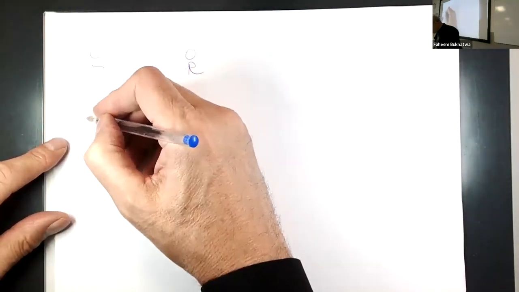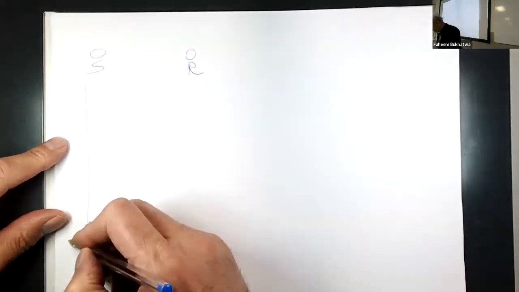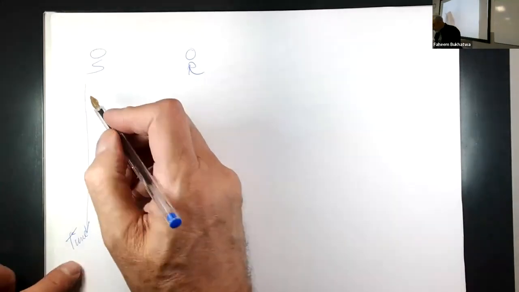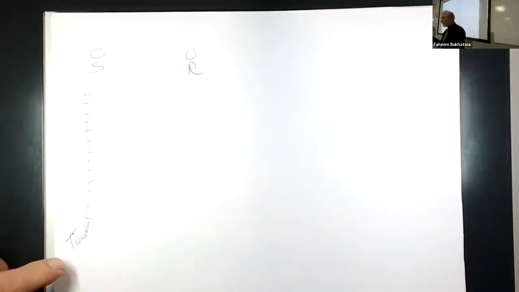And this will be controlled by time. We'll do it over time. So we have a timeline here that has, whatever it is, millionths of seconds or whatever. It doesn't matter too much.